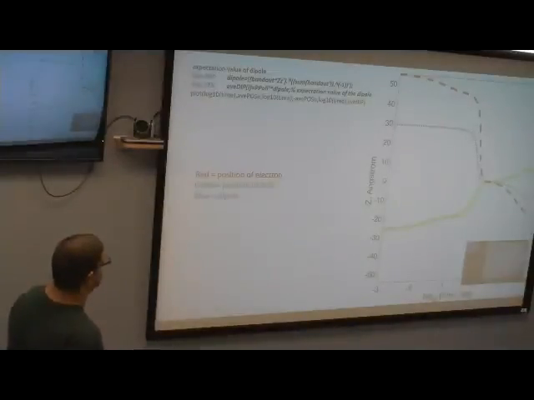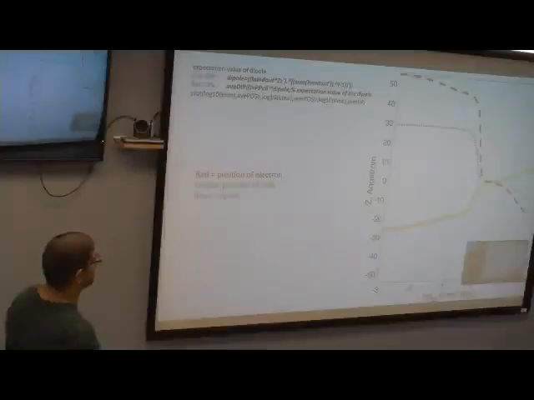Okay, and then here we're plotting the position with respect to time. Red is the position of the electron, green is the position of the hole, and then blue is the position of the dipole.